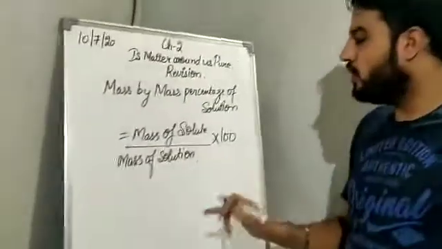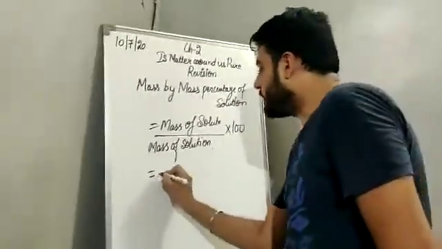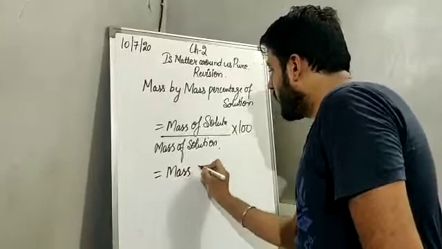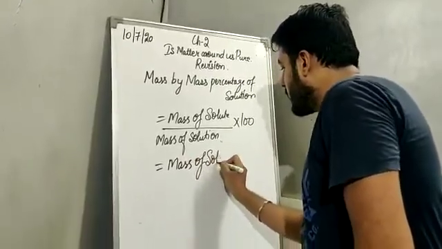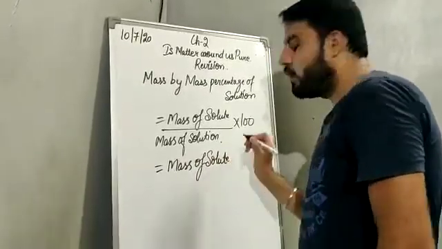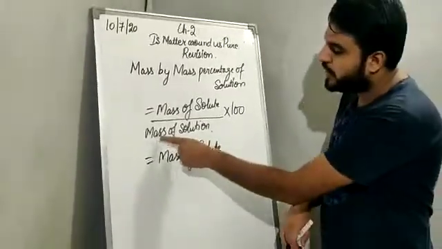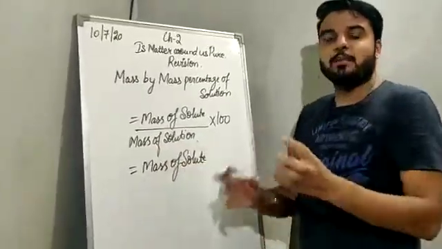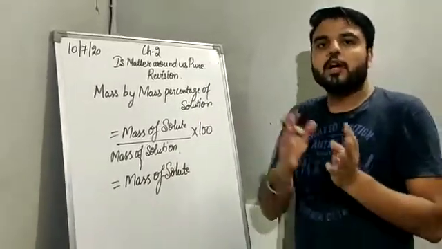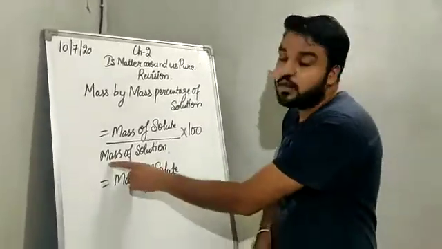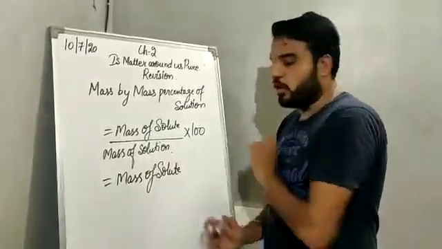Now we know that the solution is made up of two components, solute and solvent. So how will you calculate the mass of solution? We will simply add the mass of solute to the mass of solvent, and we will get the mass of the solution.